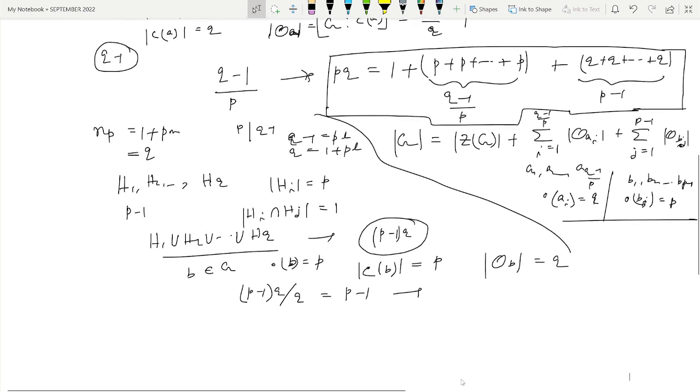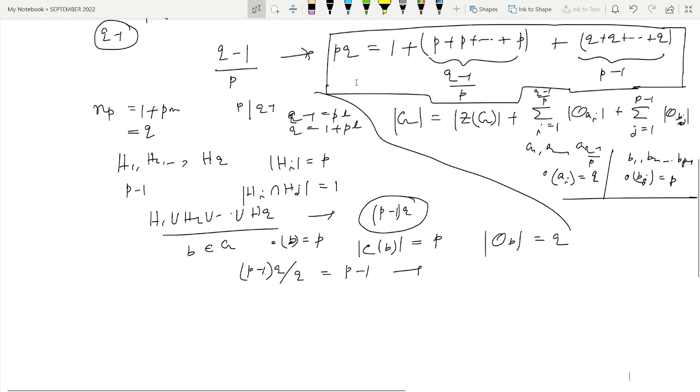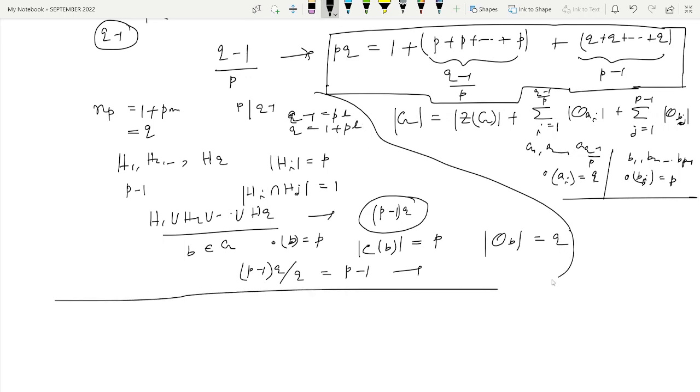So for option 1, our 39 equals 3 into 13. So our P equals 3 and Q equals 13.